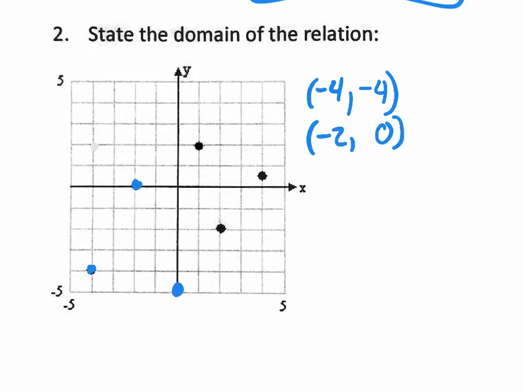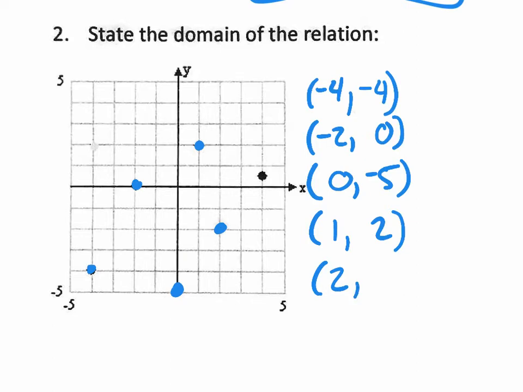This coordinate down here is 0, -5. This coordinate up here is 1, 2. This coordinate right here is 2, -2. And this coordinate right here is 4 and 1/2, or 0.5. So those are all the coordinates listed perfectly.